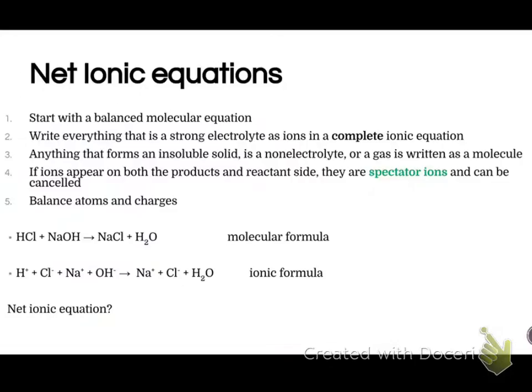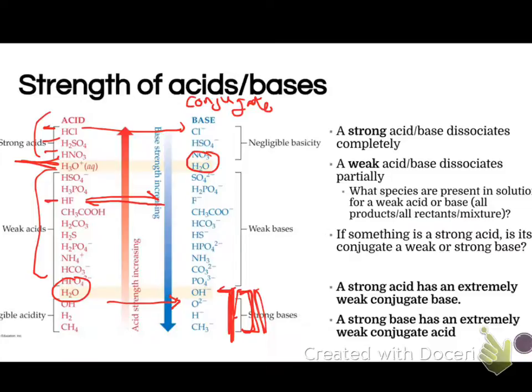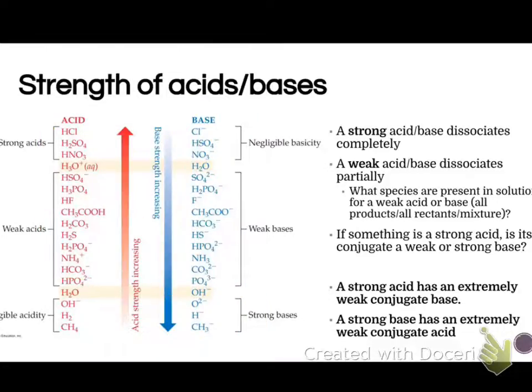Okay. So related to this topic is something called net ionic equations. So when you do a reaction, say between hydrochloric acid, which is a strong acid, and sodium hydroxide, which is a strong base, because here on this graph, let me clean it up a little bit, HCl is right here at the top, and the other one is NaOH, but here's the OH, that's the base portion of it.